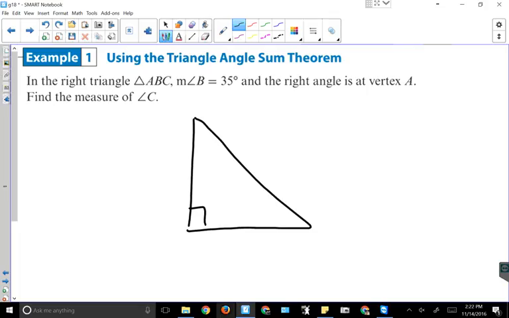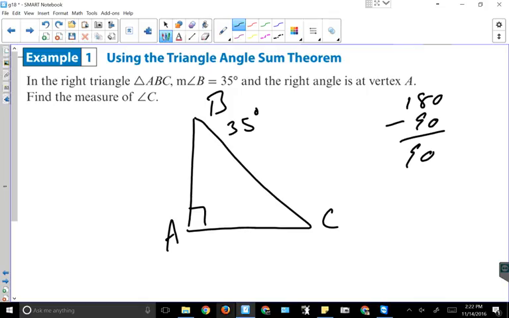So, B is 35, the right angle is at vertex A, so that's A. That's B, which is 35 degrees, and so this has to be C down here. So what is it? 180 minus 90 gives me 90.